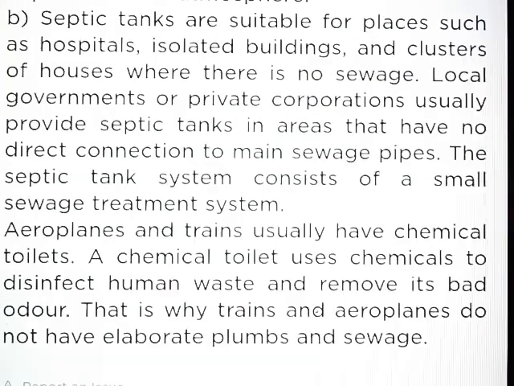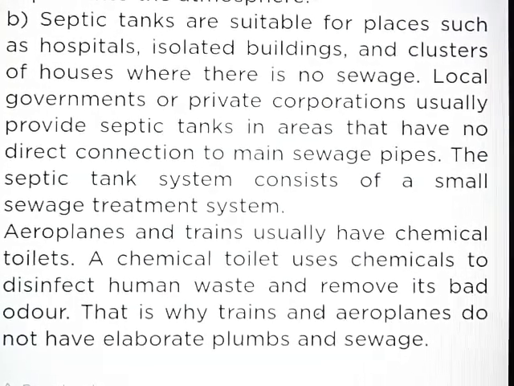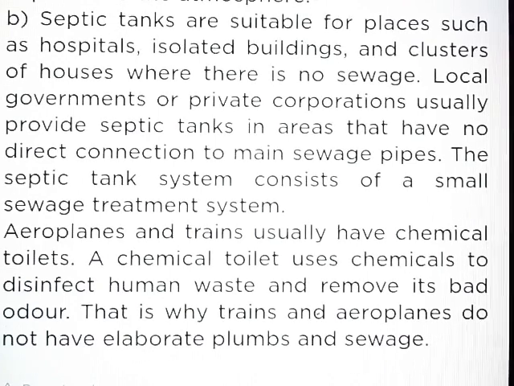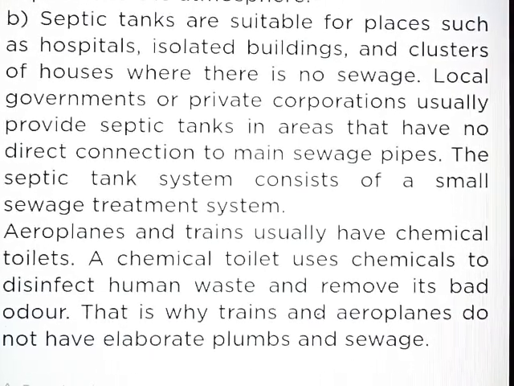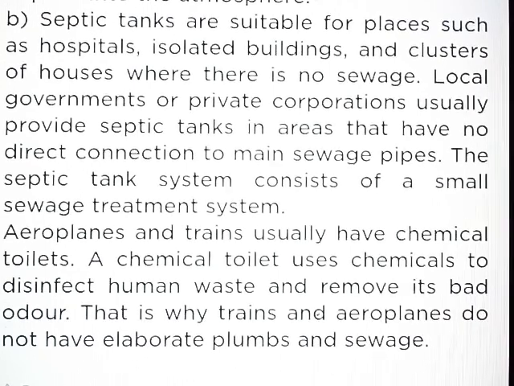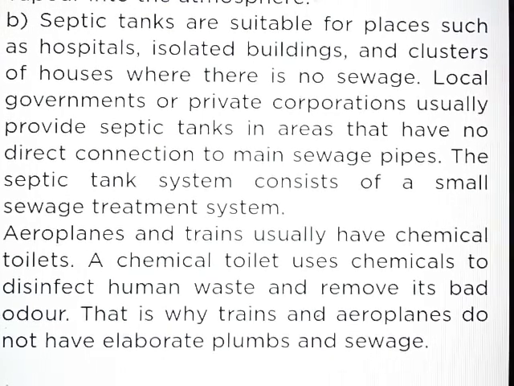Part B. Septic tanks are suitable for places such as hospitals, isolated buildings, and clusters of houses where there is no sewage. Local governments or private corporations usually provide septic tanks in areas that have no direct connection to main sewage pipes.